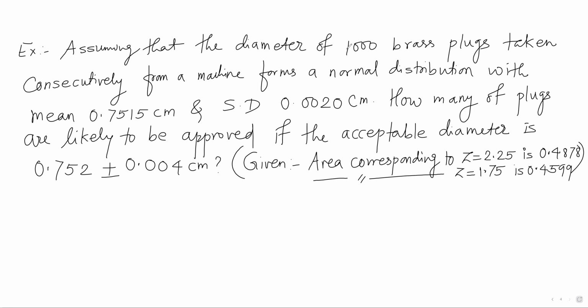So these are the areas provided, and we have to calculate the acceptable diameter. We want to find out the number of plugs that is likely to be approved, correct? And we have here 1000 plugs actually.